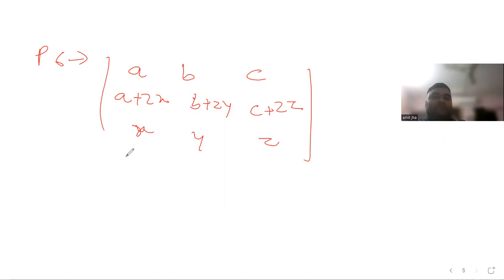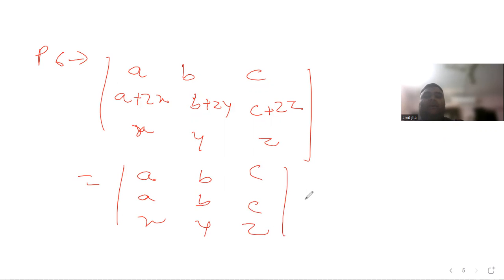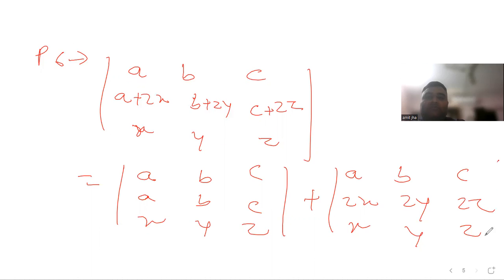So the original determinant is this, and I can expand it in the form of: a, x, b, y, c, z, plus a 2x, x, b 2y, y, c 2z, z.